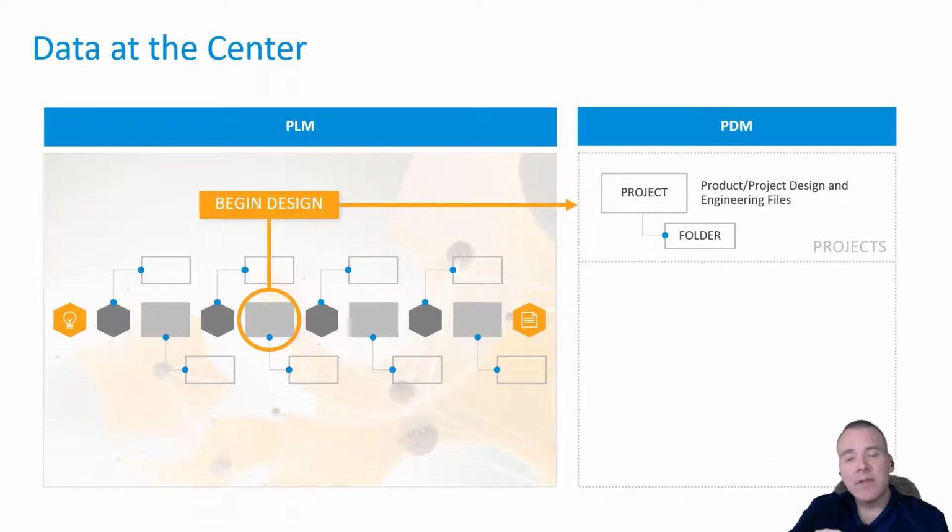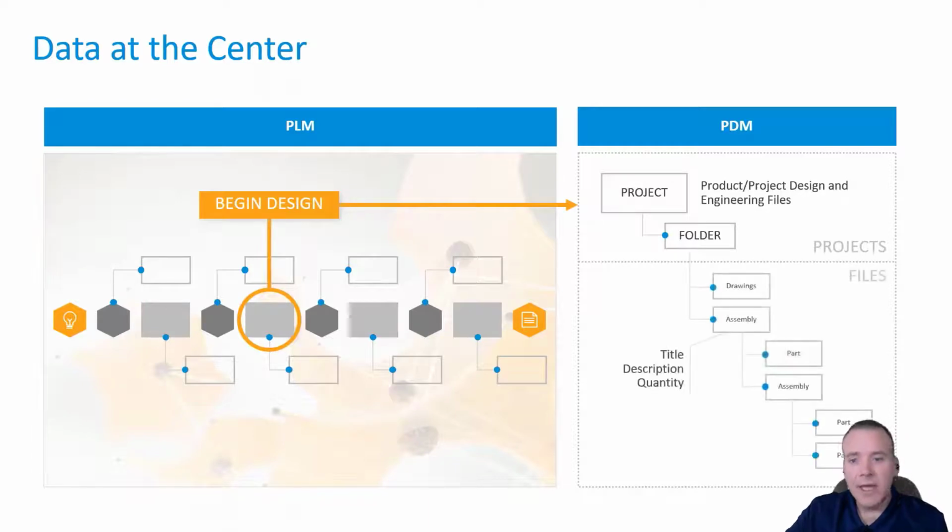We could even have high-level items created in Vault to start with, and then eventually associate those items to individual CAD files as needed. And then in engineering, using the CAD tools, we build out, say, our Inventor assemblies, we create our drawings, all that information gets created. We extract the bill of materials into Vault items, complete the engineering bill of materials, and then that feeds back into PLM. So we're round tripping.